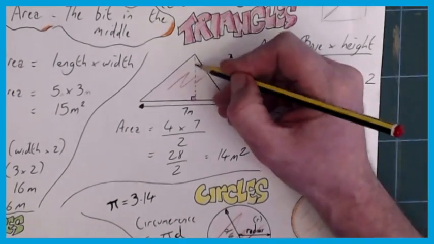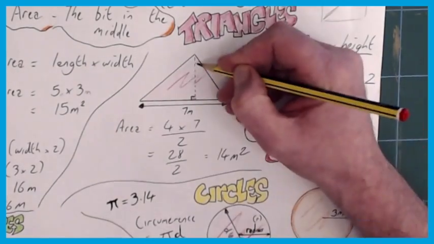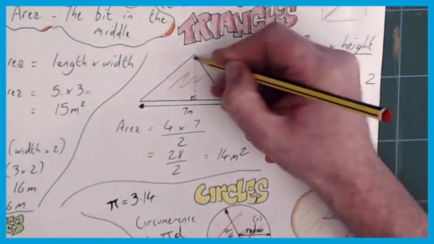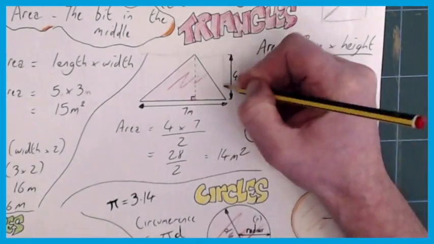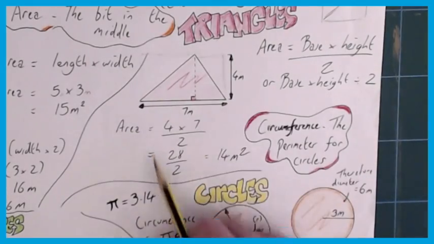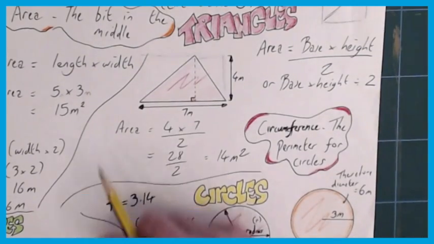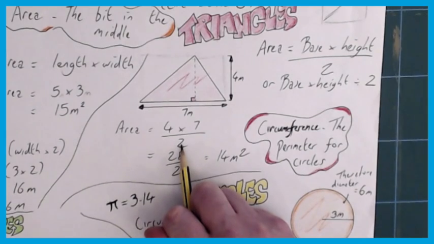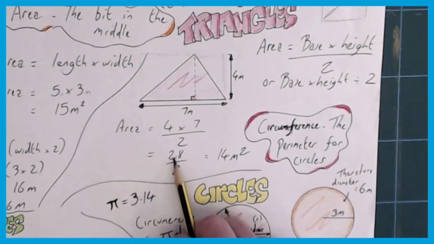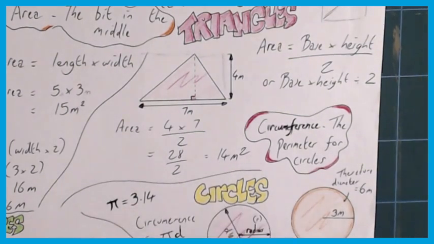The other way to work this out is the base, 7 meters, times the height. The height is the height of the rectangle it sits in. So we've got a triangle that's 7 meters by 4 meters. So we do 7 times 4 and divide that by 2. 4 times 7 is 28, divided by 2, which equals 14 meters squared.